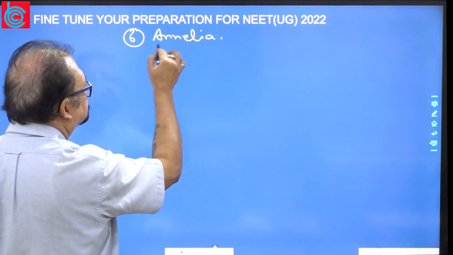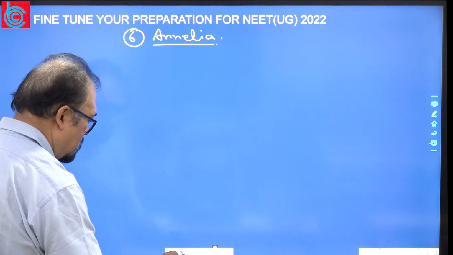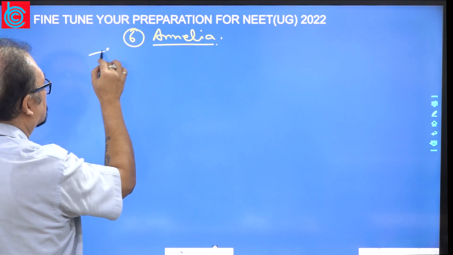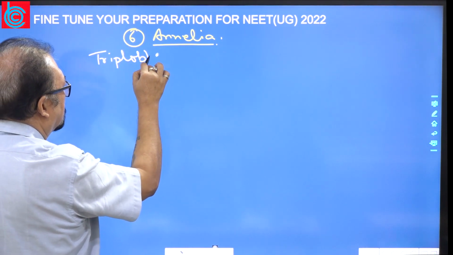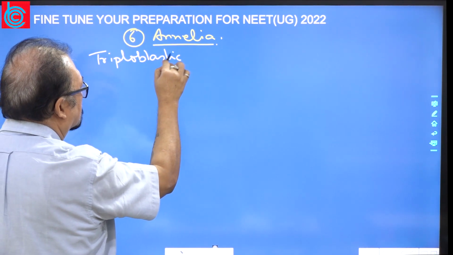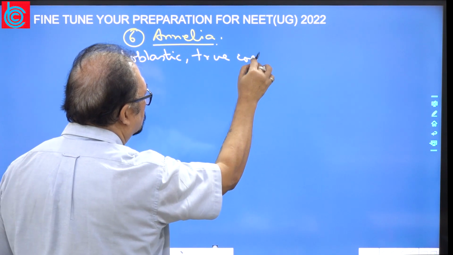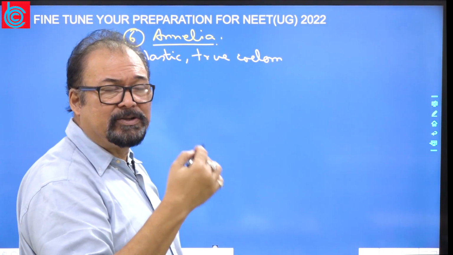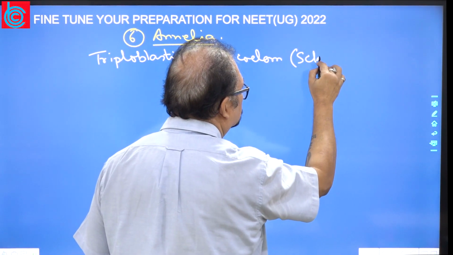Annelida. Triploblastic, true coelom. We discussed in the previous class that coelom is a schizocoelom.